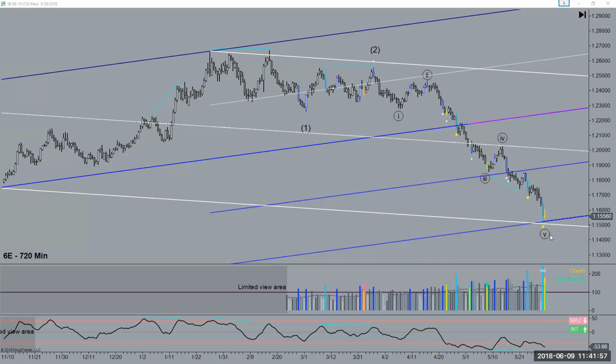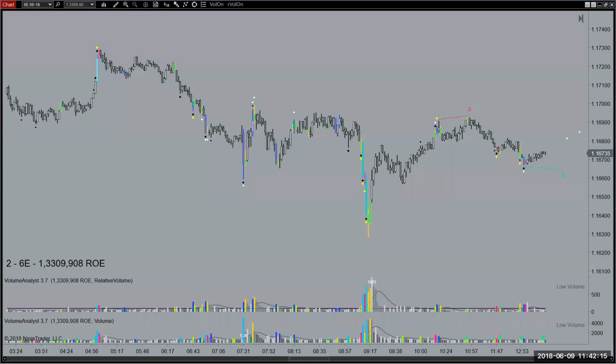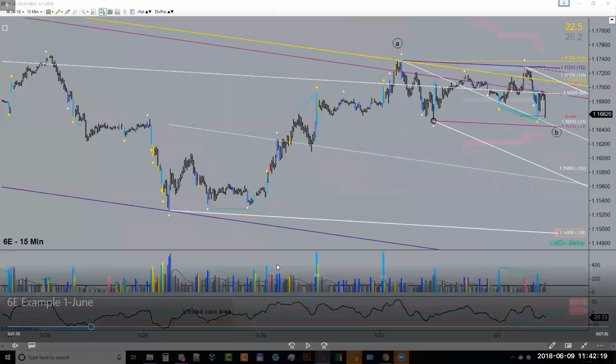So at this low, we had the highest demand that we've had in over a year and a half or something on this chart. So just a huge amount of volume coming in at that low. And then when we turn up, I'm looking for the first big higher low to get long from. Okay, so this is that low I was just showing you, and this is June 1st in the trading room. So we've already turned up.